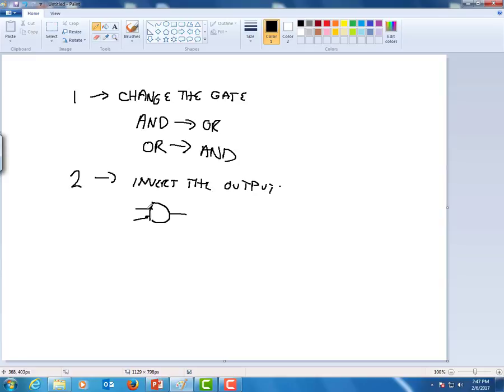I'm going to use this same diagram here for the next one. And now we're going to say 3. Invert the inputs.